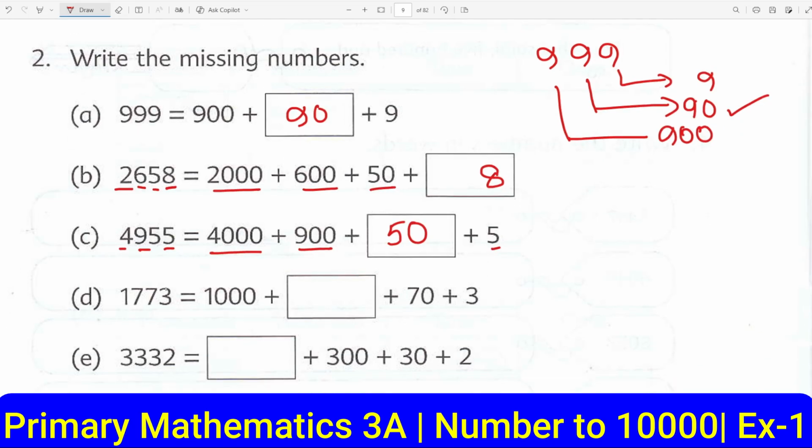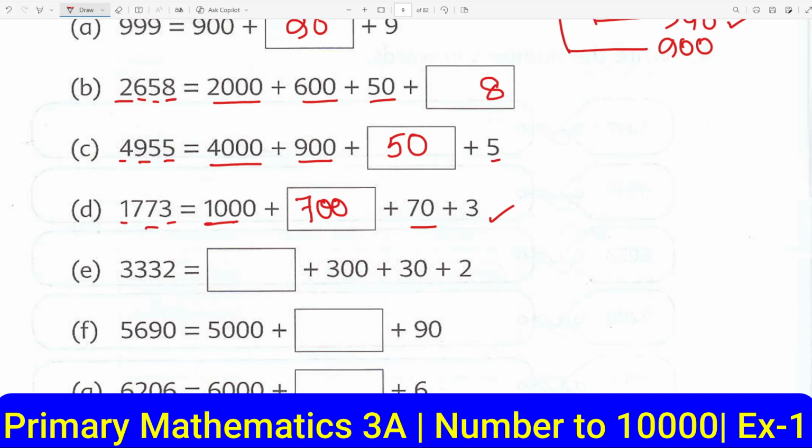What about next one? Look, 1 is 1000, 7 is 700, and this 7 is 70, and finally this 3 is 3. What about next one? 3332. So first this 2 is 2, this 3 is 30, this 3 is 300, so finally this 3 is 3000.